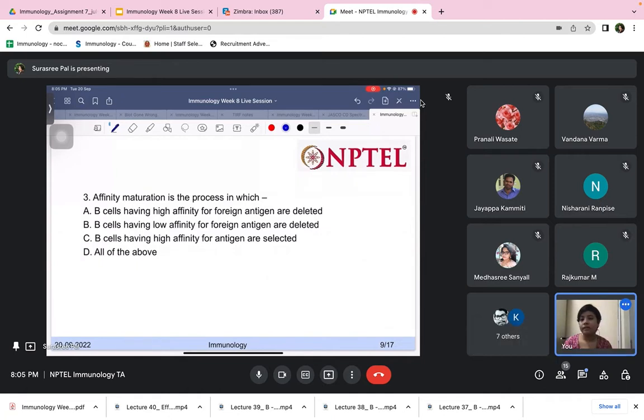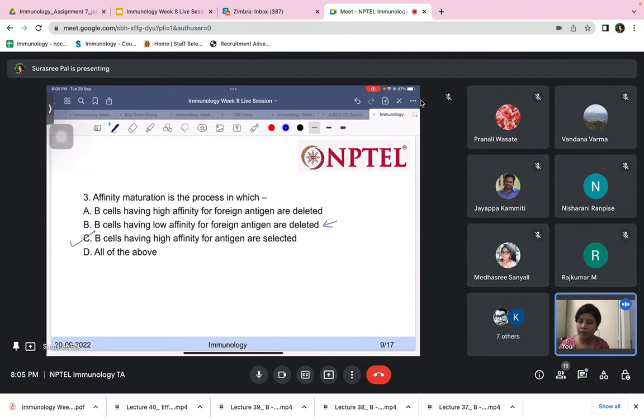So here the correct answer is C, because the B cells which have the higher affinity for foreign antigen are selected, whereas the B cells which have low affinity for the foreign antigen are deleted.